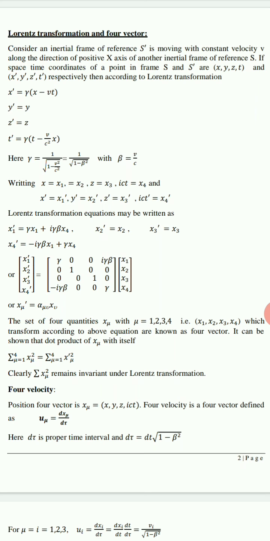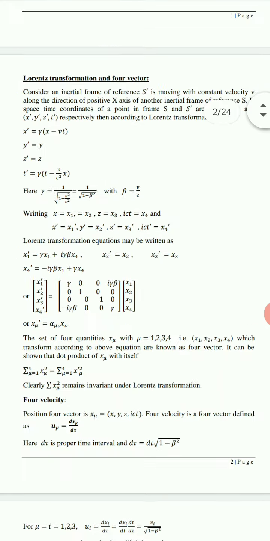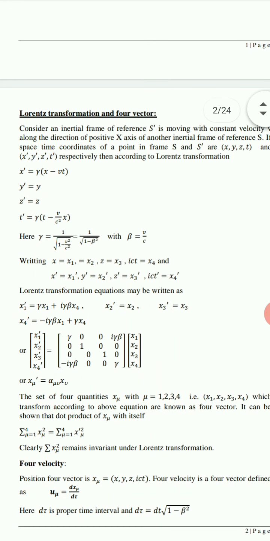One is at rest, S frame, and the other frame S dash is moving with constant velocity v along the direction of positive x-axis with respect to frame S.